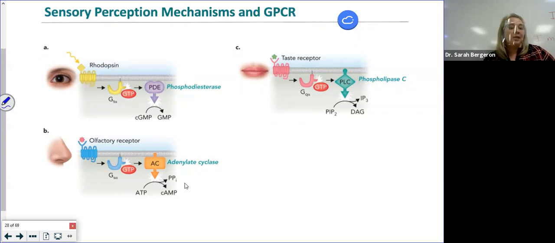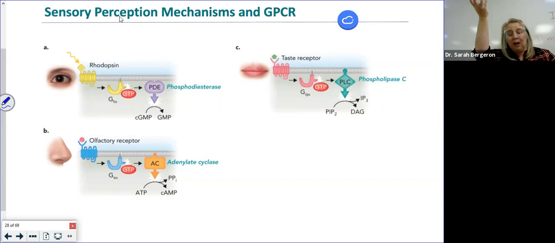Yes. Is there a difference in the receptor itself at all? Yes, because they have to respond to different stimuli. They just fall in the same category. They don't have the same, let's say, coding. Correct. You're going to have some similarities because you are going to have that serpentine, but what's going to be really, really different are the cytoplasmic side and the extracellular side.